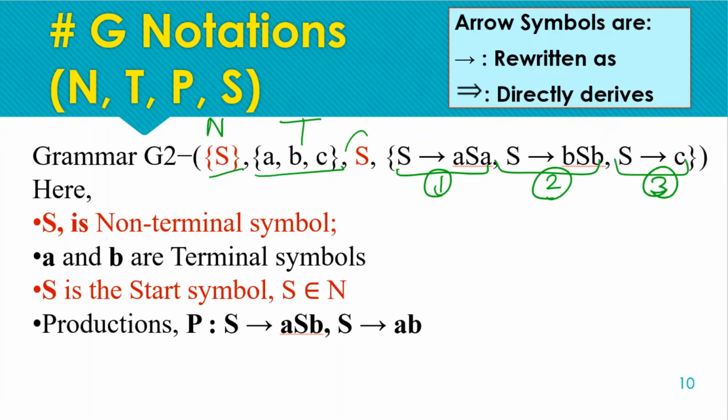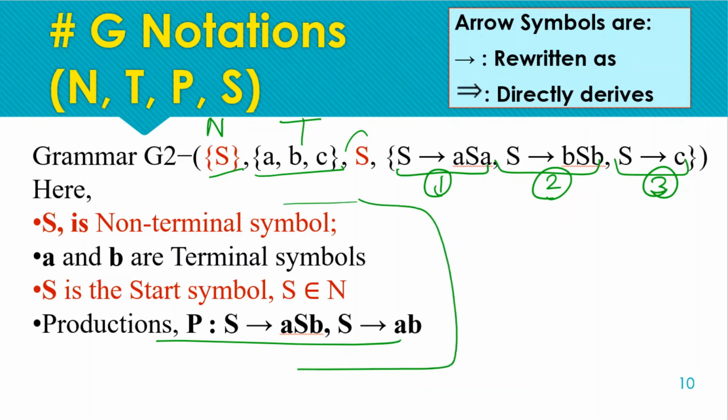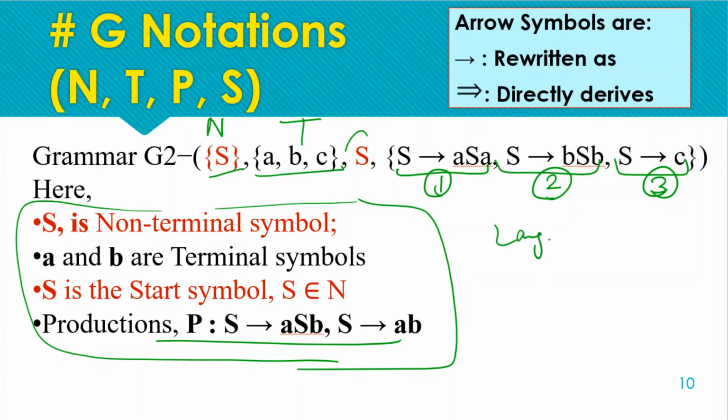After starting with the third production rule, we have to repeat the process, and these are the descriptions of all the tuples of this grammar. Now we have to find out the language of this grammar. If you check carefully, we have to repeat the same process with the given production rules.